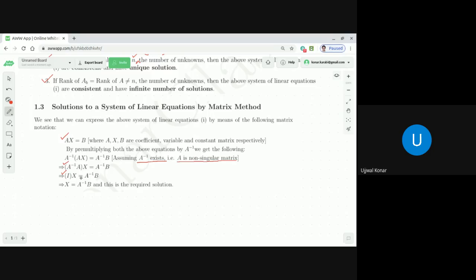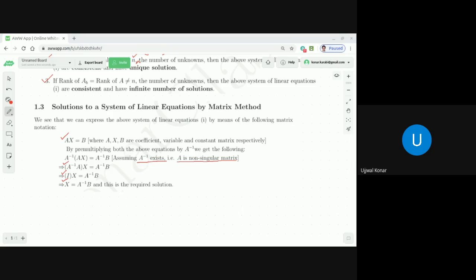I is nothing but the identity matrix. And we know, dear students, that if we multiply an identity matrix with any other matrix of the same order, we get the same matrix. So I into X is equal to X, and we get X equal to A inverse B, and this is the required solution. Correct, dear students?